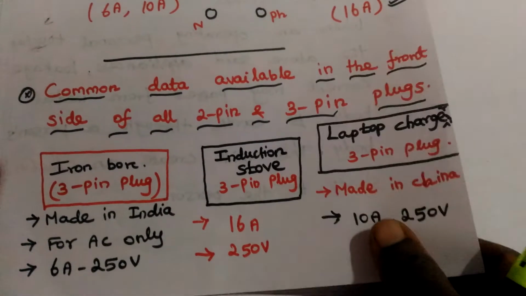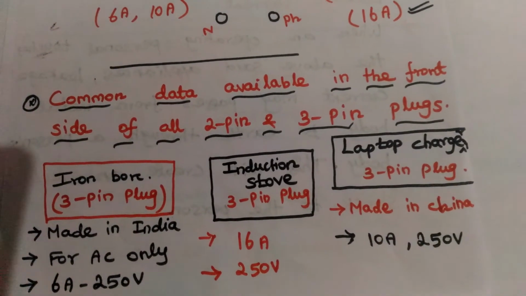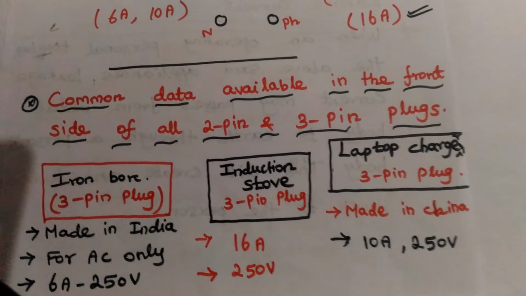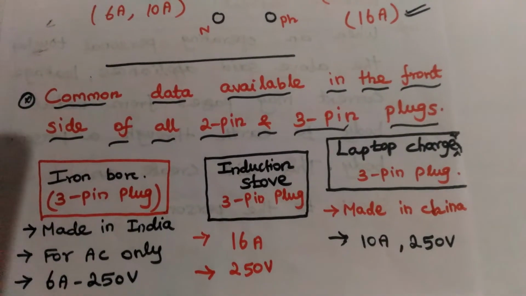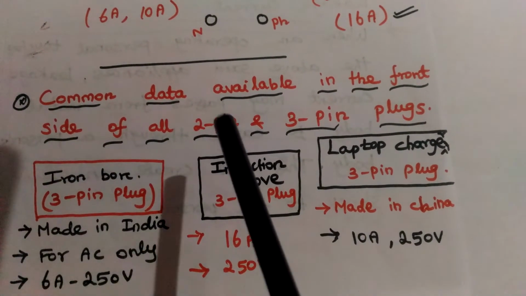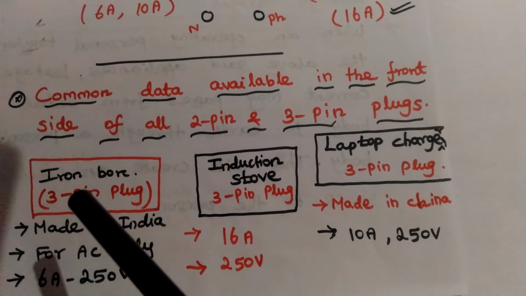In some places, on the 2-pin plug also we can view the current rating. Some 2-pin plugs mention a current rating of 2.5 amps. For example, the 2.5 amps 2-pin plug is mostly used with LED lamps for decoration purposes.